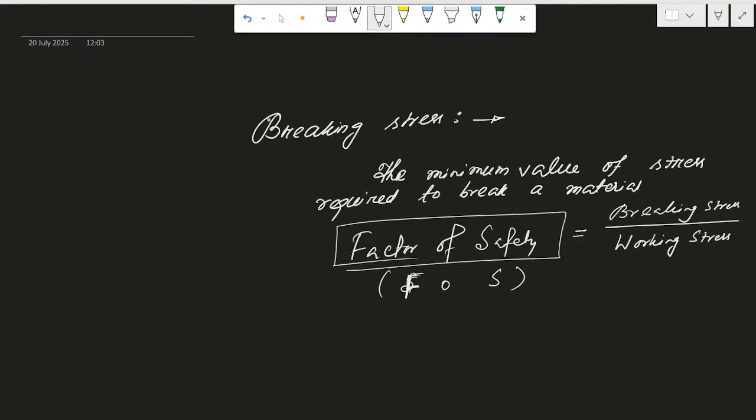This factor of safety also has a different concept in designing. If you want to design a shaft or that type of thing, factor of safety can also be a ratio of the maximum or ultimate stress by the permissible stress.